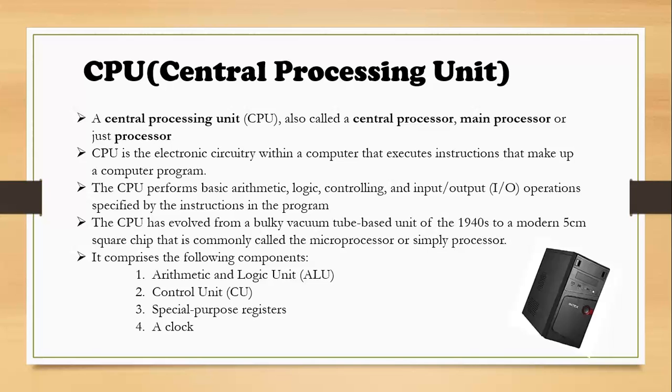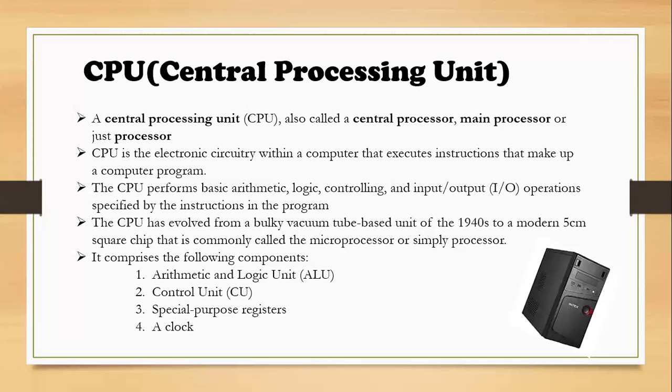The control unit generates the signals from time to time so that the processor is able to accomplish its specified tasks in time. CPU circuitry also includes special purpose registers like the stack pointer and PC. PC stands for program counter, which contains the address of the next instruction to be executed. It includes other special purpose registers.